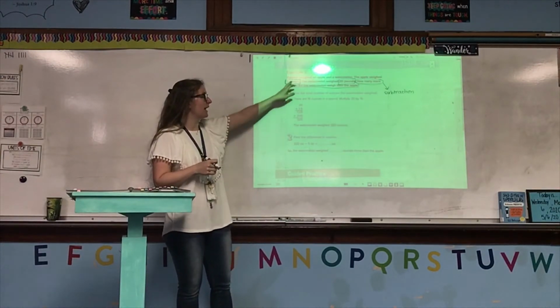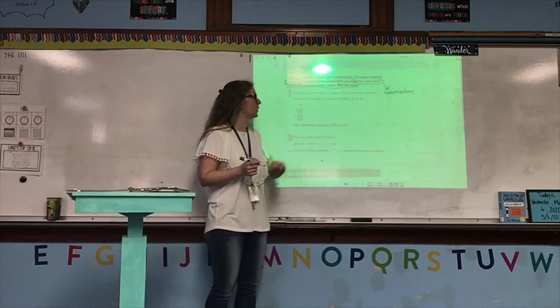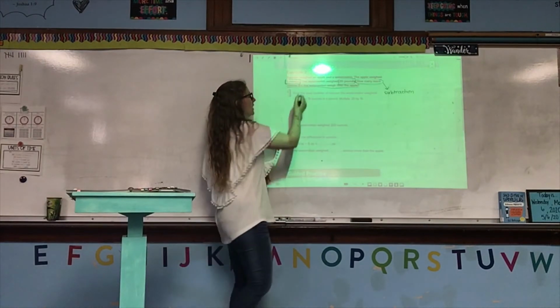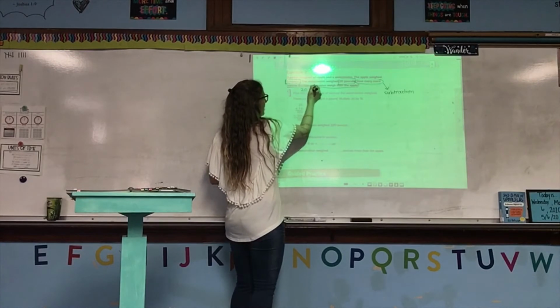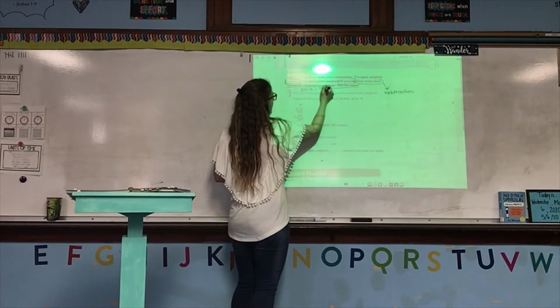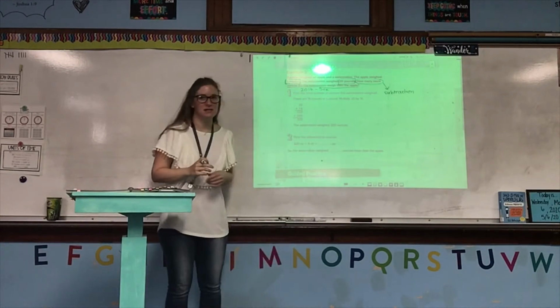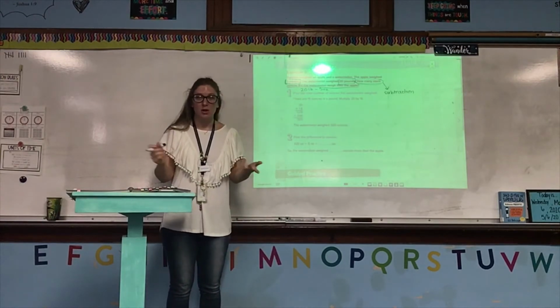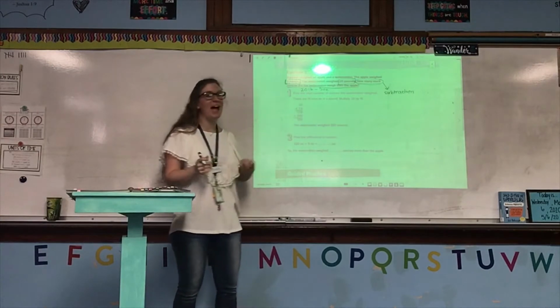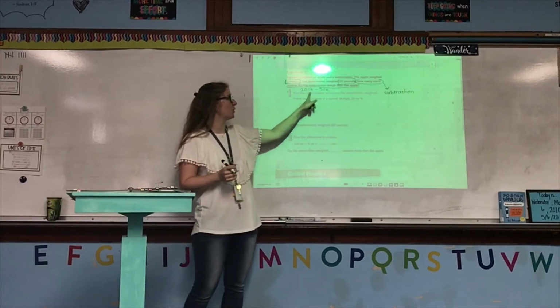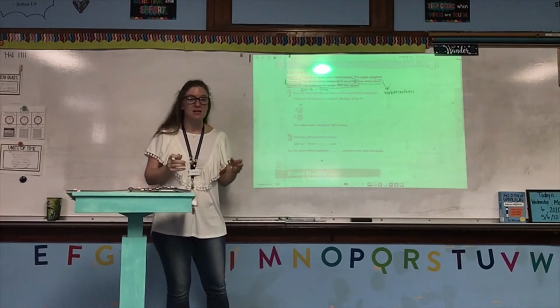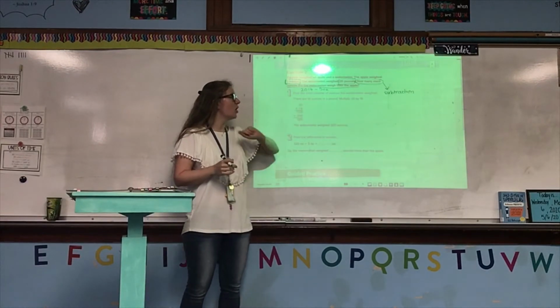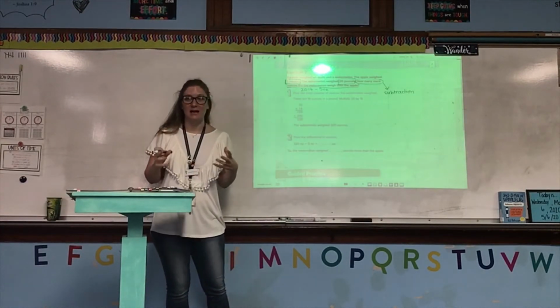Now we know we can't say 5 ounces minus 20 pounds, so that means we have to say 20 pounds minus 5 ounces. However, we can't do that. We can't take ounces away from pounds, so that means we have to put them both in the same unit. I have to make them both pounds, or I have to make them both ounces.